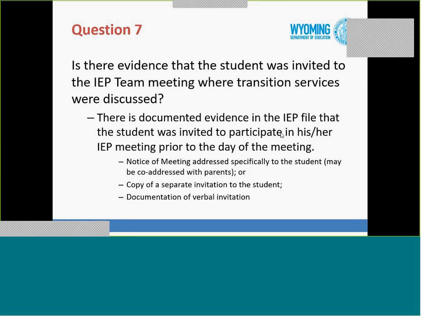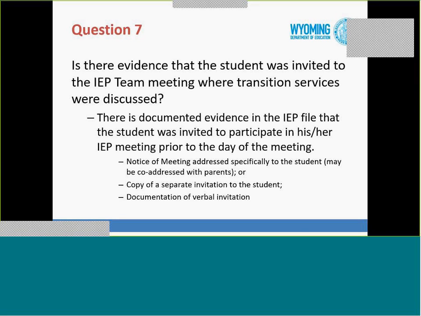Question 7 on the checklist. Is there evidence that the student was invited to the IEP team meeting where transition services were discussed? So we need to know that there is documented evidence in the IEP file that the student was invited to participate in his or her meeting prior to the day of the meeting.